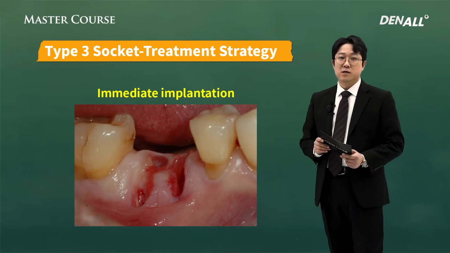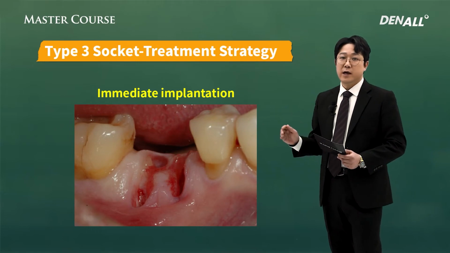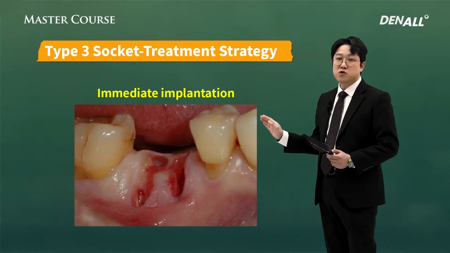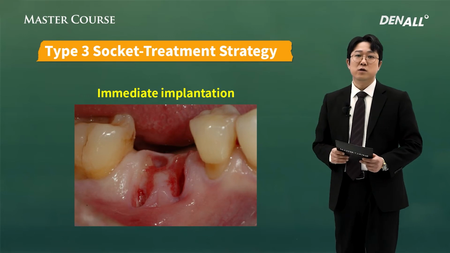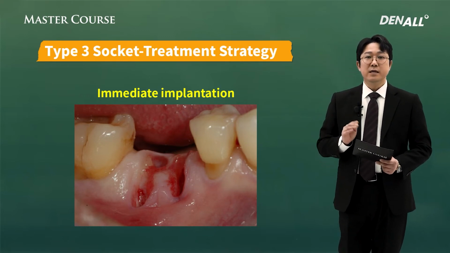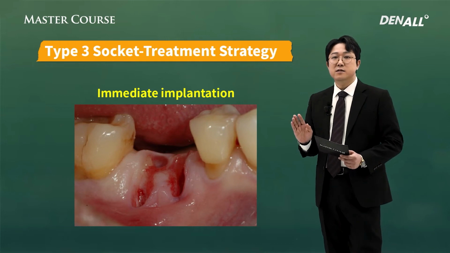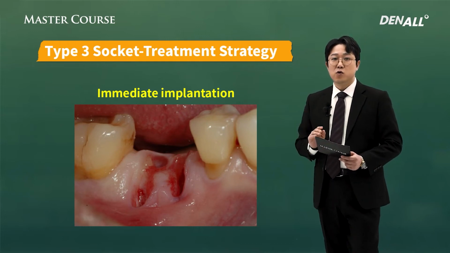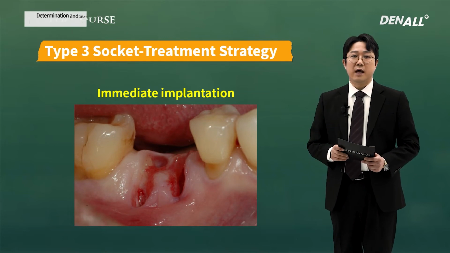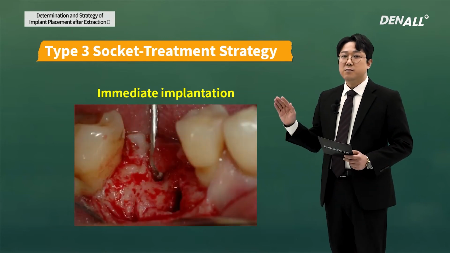In tooth with mobility, if there is soft tissue resorption, frequently, there's epithelialized granulation tissue within the socket, and if you use this very well, you can use this to replace the lost soft tissue.